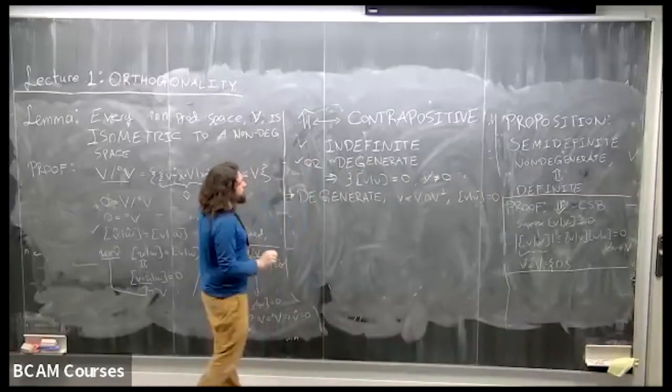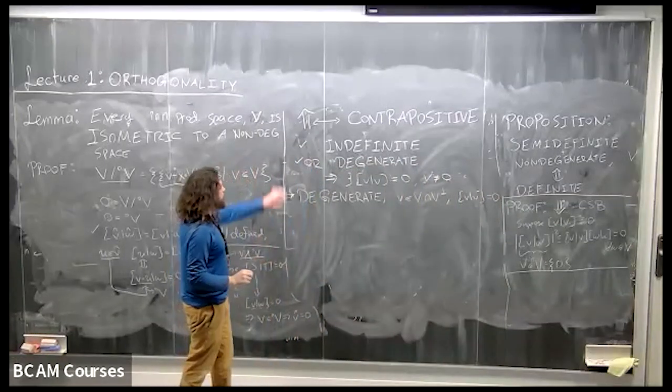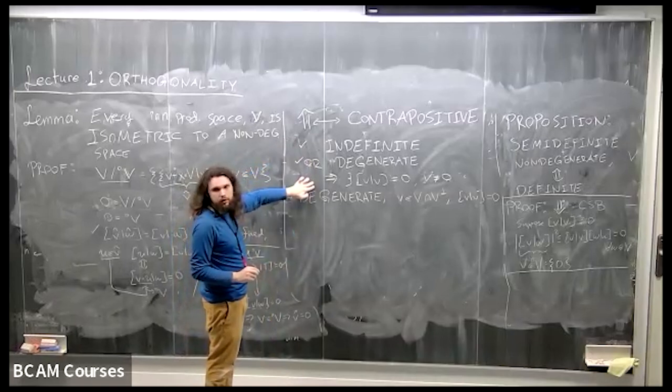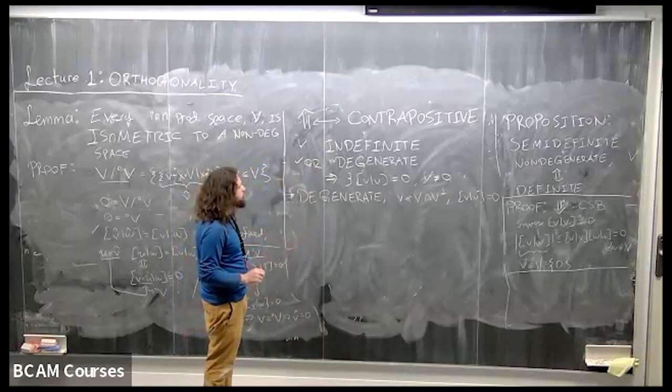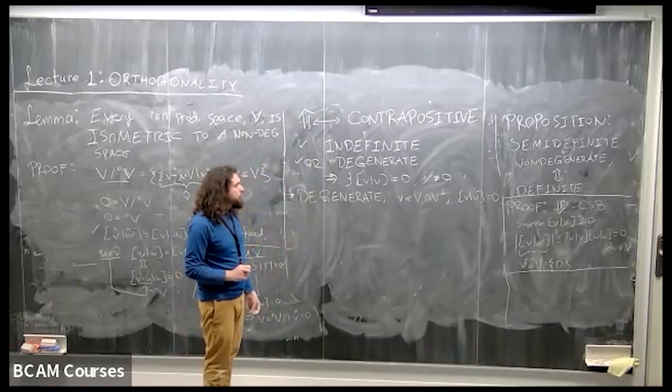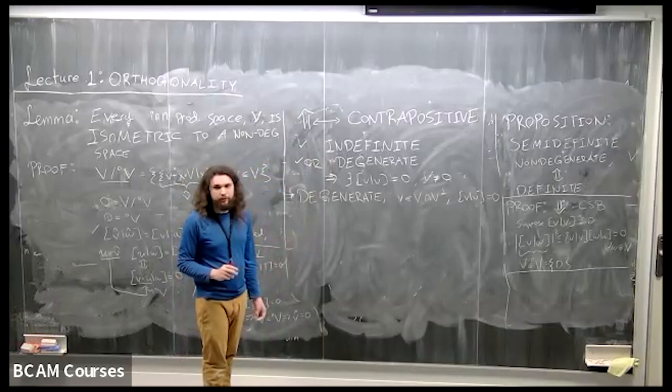Now what we can do is show that in an indefinite space there exists a neutral vector, and we did this already. So that completes the proof, and this is significantly simpler than having to invoke the axiom of choice.